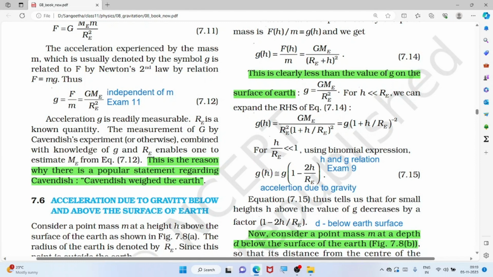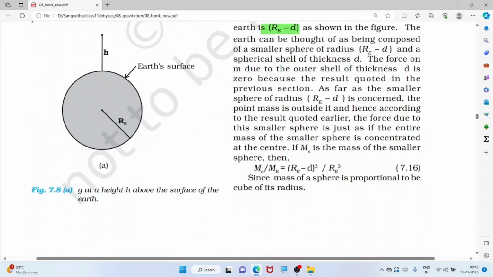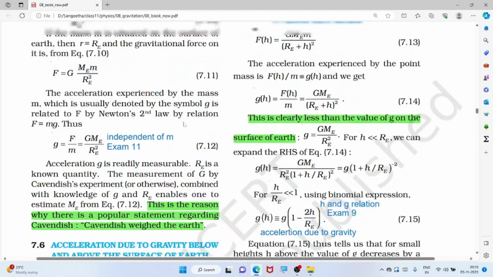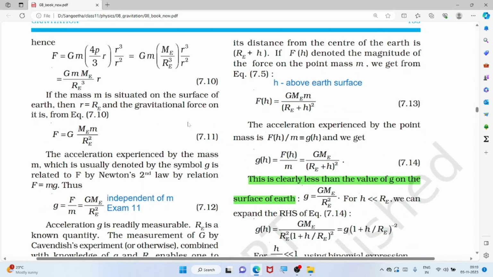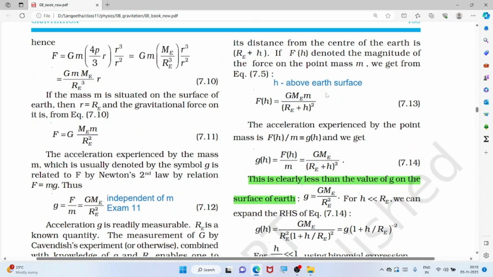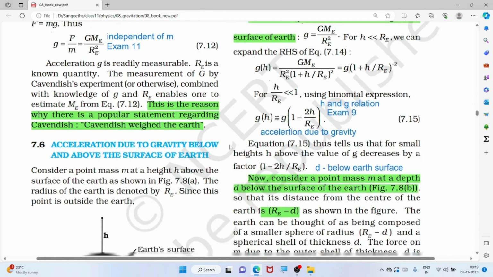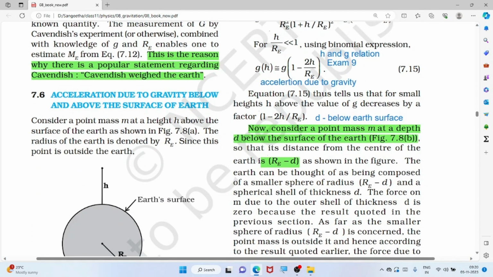This is important from this formula. It depends on the mass of the earth and the radius of the earth, and is independent of the mass of the object. It is approximately 9.8 meters per second squared, independent of the mass of the object. Here h is the height above the earth's surface.